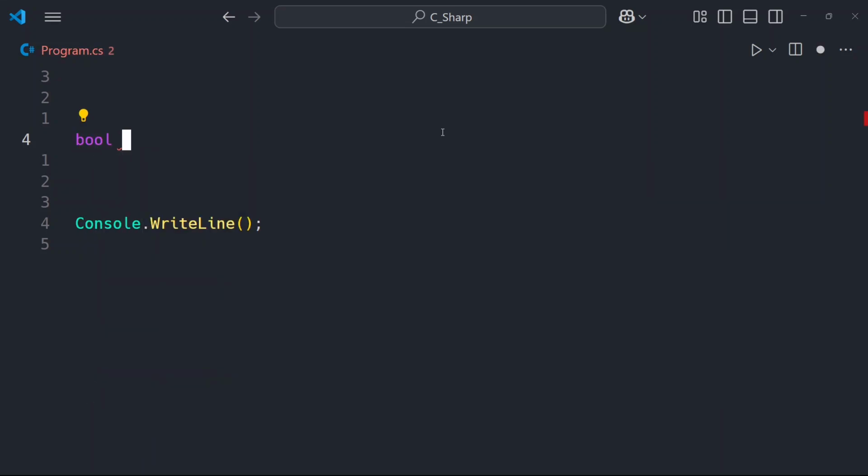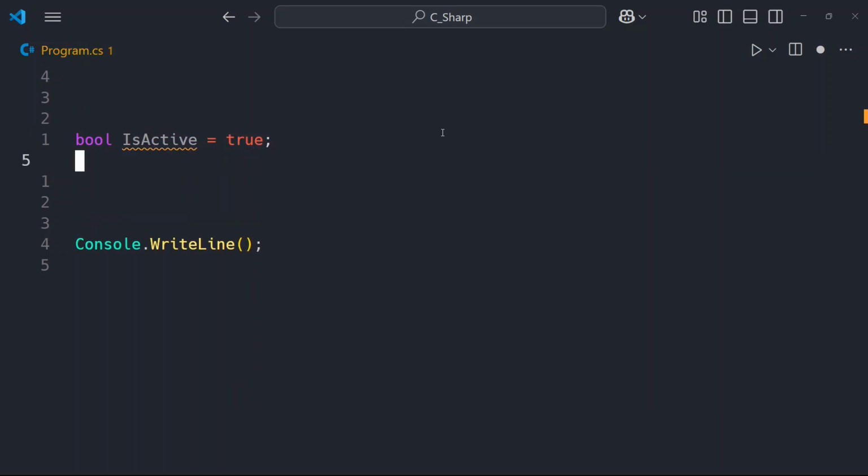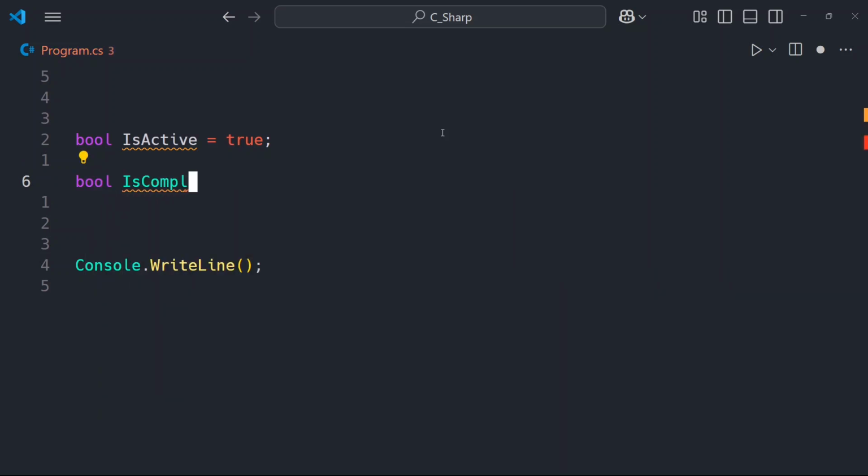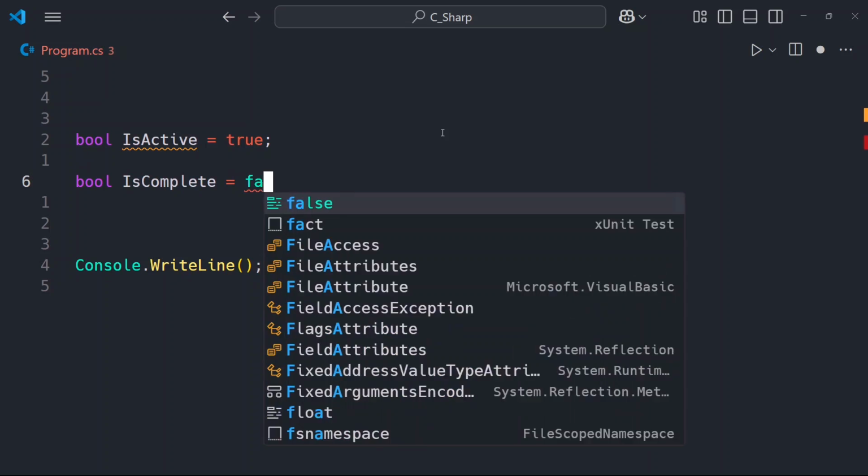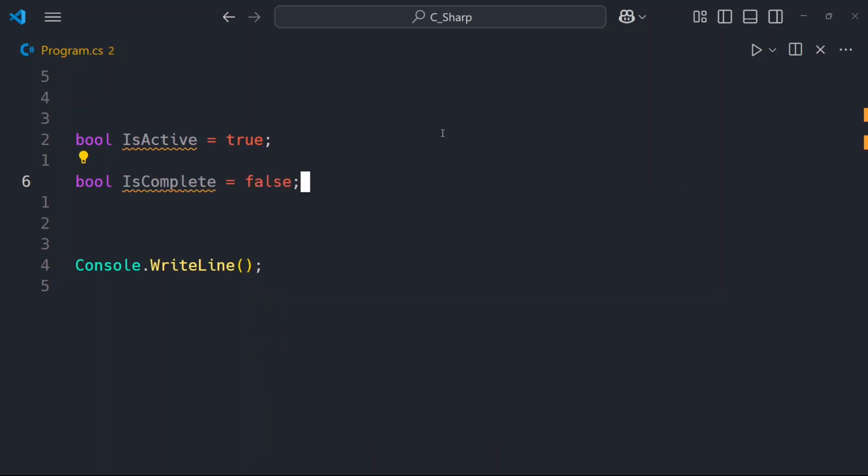So you say bool isActive, you say true, or bool isComplete, and you say false, nothing else. Okay, it is important to keep in mind that C# doesn't allow implicit conversions between bool and other types like integers. You must explicitly compare values.